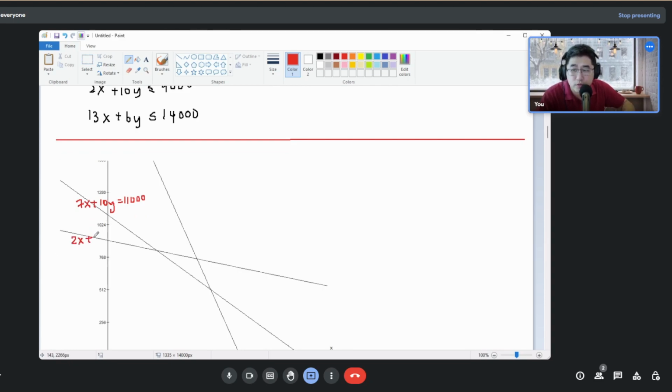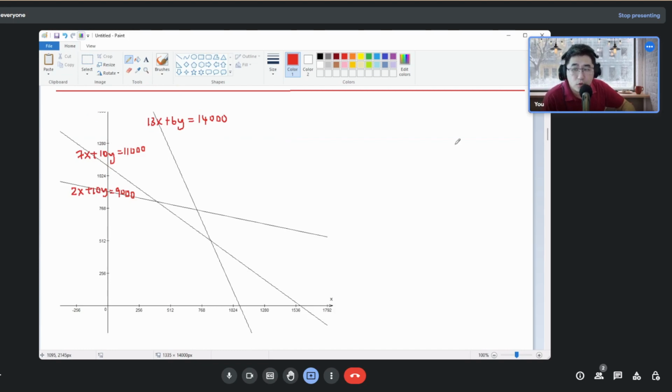This will be my second line, and this is my third line: 13x plus 6y equals 14,000. Over here, the answers that satisfy these inequalities will fall under this region.